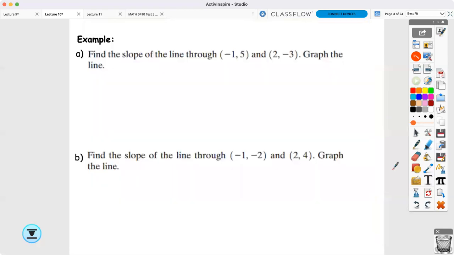Alright, example. I'll go ahead and give you a minute to write down the sentence and what it wants us to do. We're gonna find the slope through these points and then graph the line.